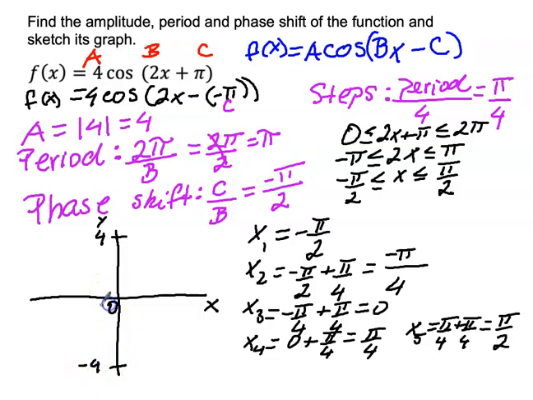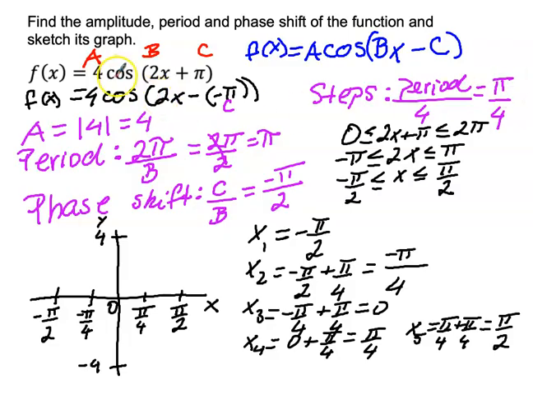I have a 0, and we have first number negative pi over 2, that's the starting point. Then it's negative pi over 4. If we add pi over 4, we get 0. Adding more pi over 4, we get pi over 4. And eventually we get pi over 2 if we add another pi over 4. Now we are ready to graph the function.